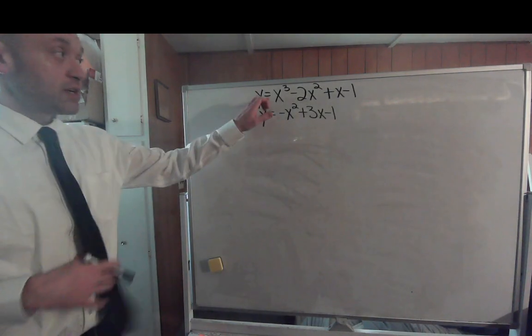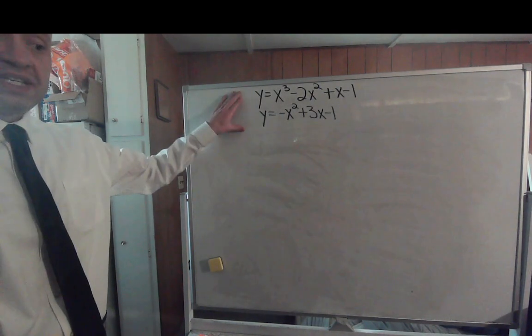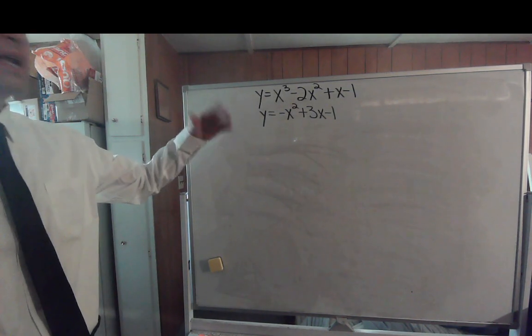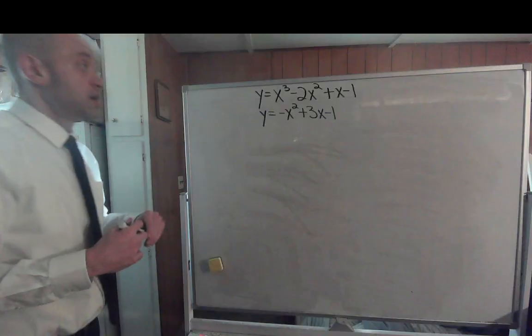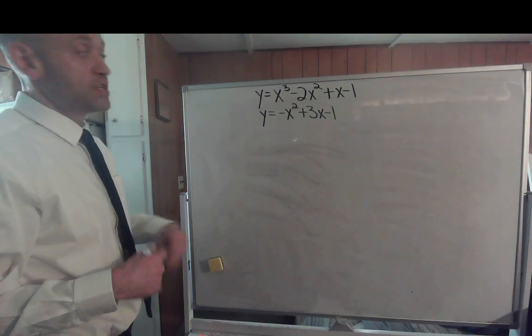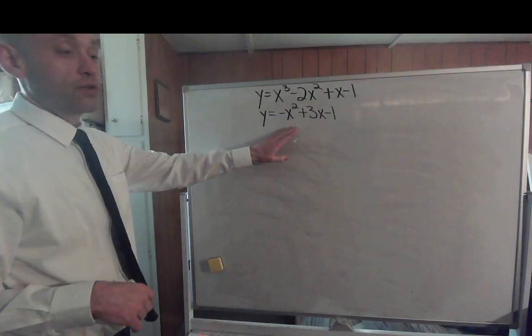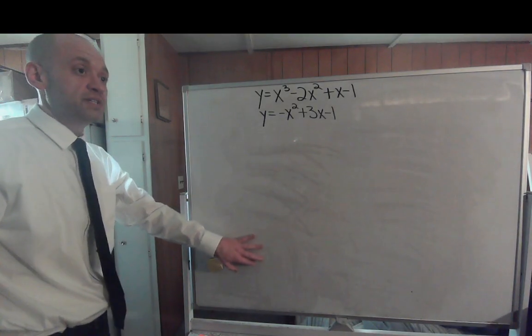So we have a cubic curve and a parabola. We need to see if they intersect at all, and if so, at how many points and where. So again, the domain for both of these is the set of all real numbers. There's nowhere it's going to become discontinuous.